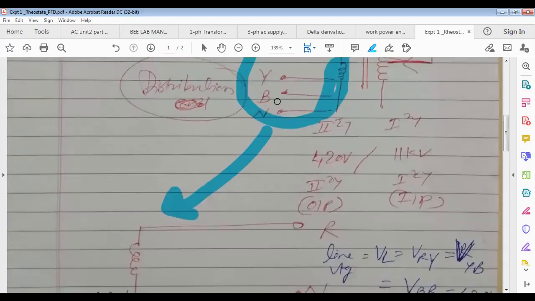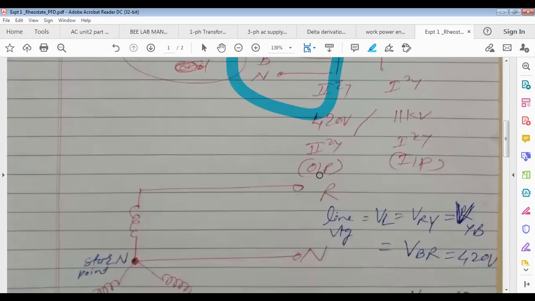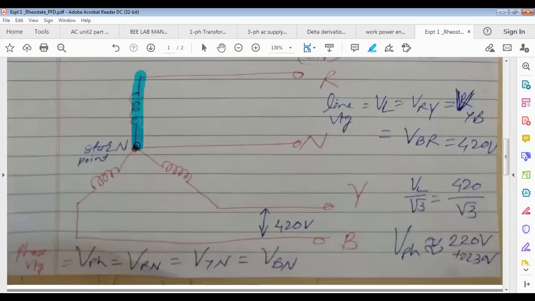Now what is done? These 3 windings on its secondary are connected in star. In star means this is the R phase, Y phase and B phase winding, with one common terminal. Why are they connected in star? Because the neutral point is available only in star. From this common point, they tap one wire and that is called neutral. Neutral is nothing but a wire with black color insulation.